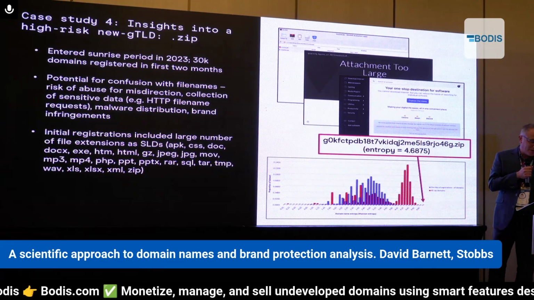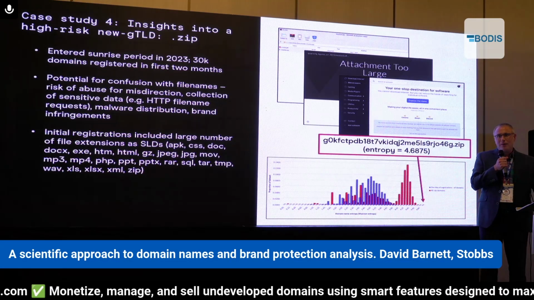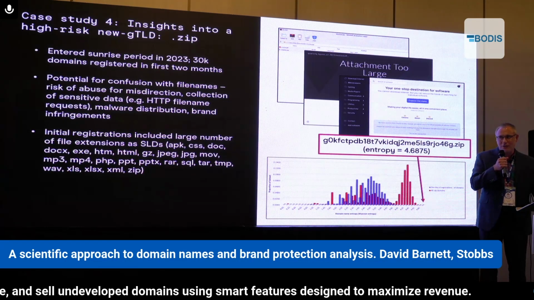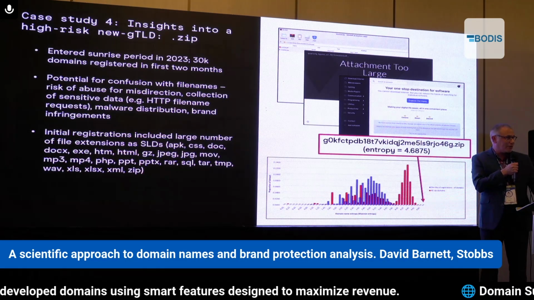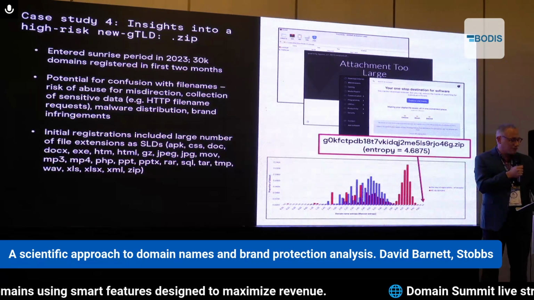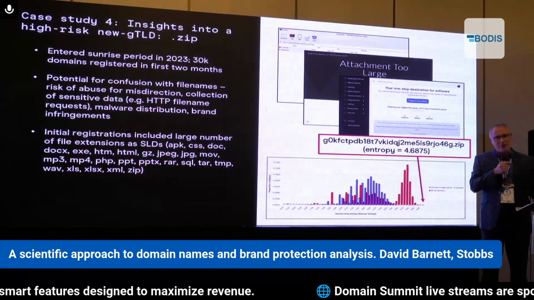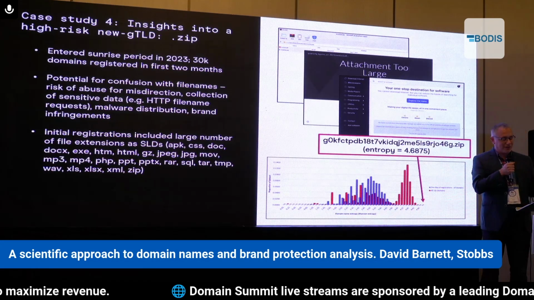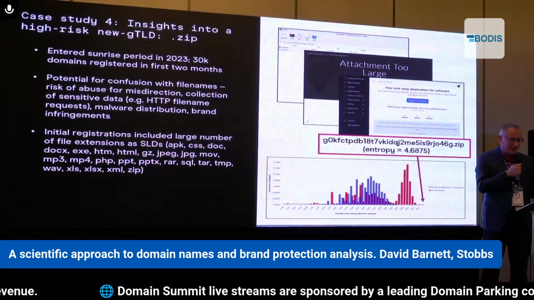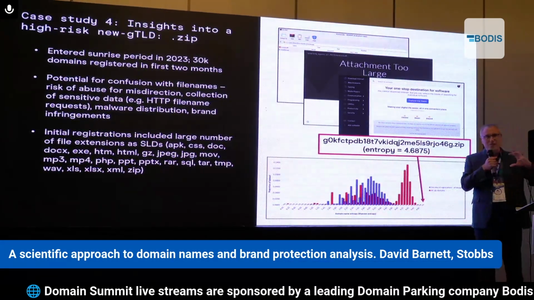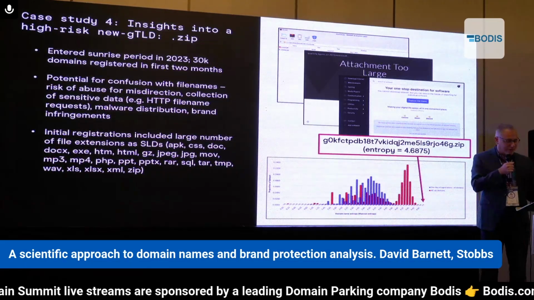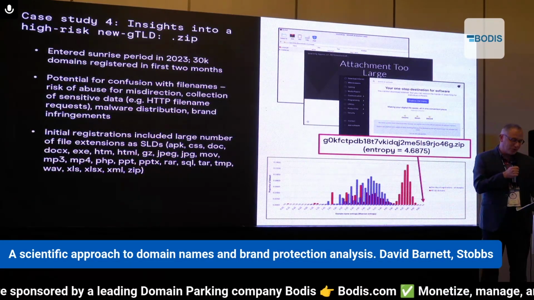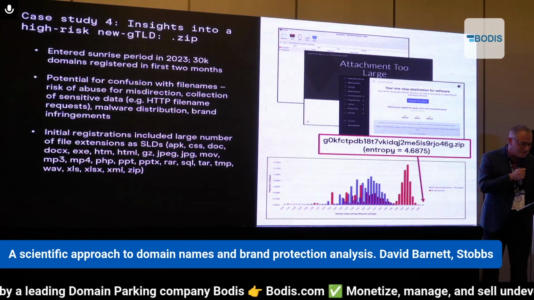So what was happening here? Really, .zip was, you might argue, a pretty poorly thought out choice for a new gTLD extension, simply because it provides the potential for confusion with file names. A lot of infringers and online criminals latched onto this and thought, if we register a carefully selected domain name, because of the way browsers handle things like file name requests, it was a really great way for the fraudsters to collect information.